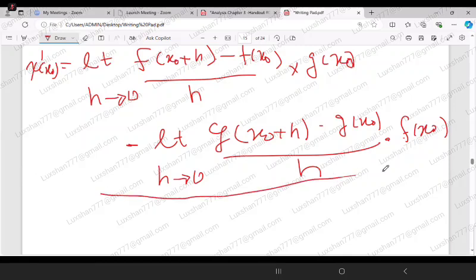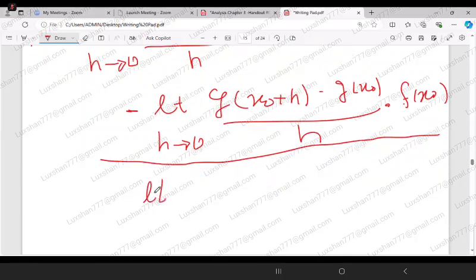On top of that, you have a limit of g of x naught into g of x naught, as h tends to 0.